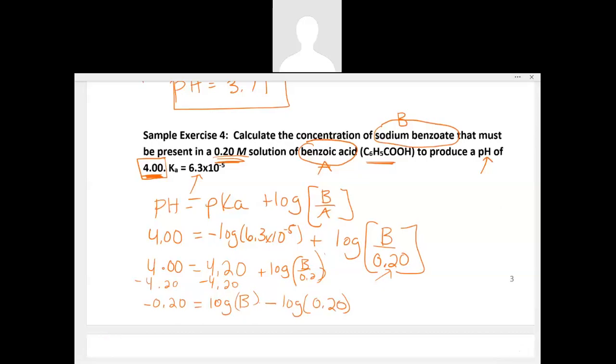This is a logarithmic expansion: when we have something on top of something, it's no longer division, but subtracting one log from the other.